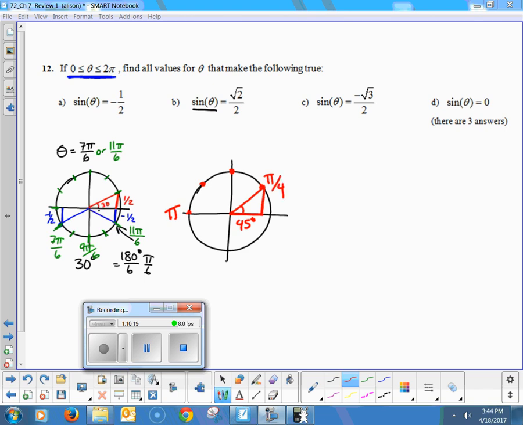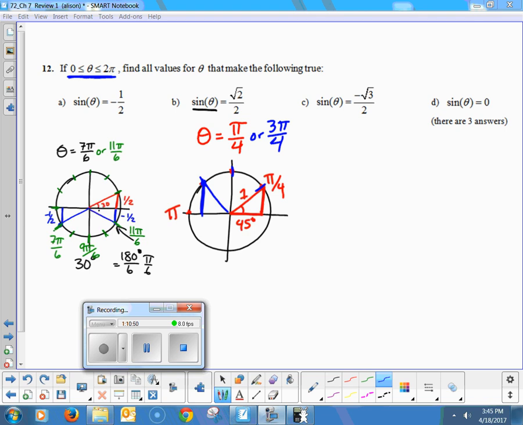So this is pi over 4. And sure enough, at that point, we would have a sine, a y value of root 2 over 2. So my theta, my angle, could be pi over 4. But wait, there's more, because I could be over here, where my height, my y value, is also root 2 over 2. And that would be 1/4, 2/4, 3/4 pi, or 3 pi over 4.